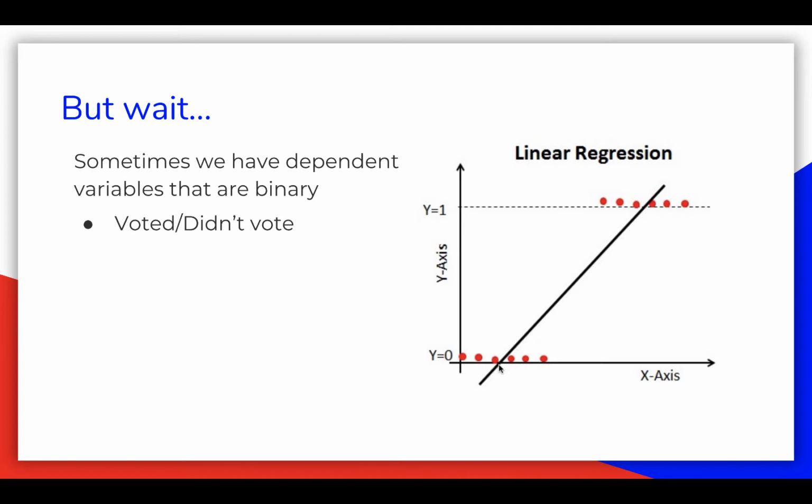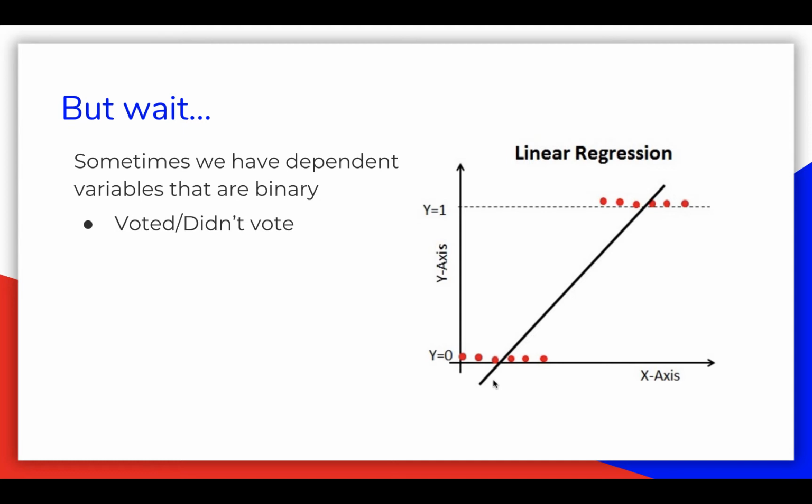If our dependent variable is only taking on values of 0 or 1, you can see that in some cases the line of best fit is predicting values of like negative 0.15, or up here positive 1.15. That's problematic because our dependent variable can't exceed 1 and can't be less than 0, and yet our line is predicting as such, and that is concerning.